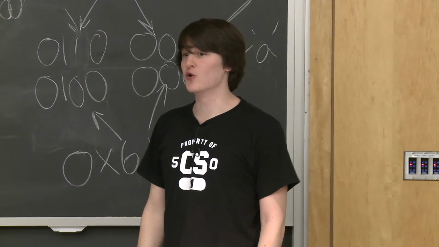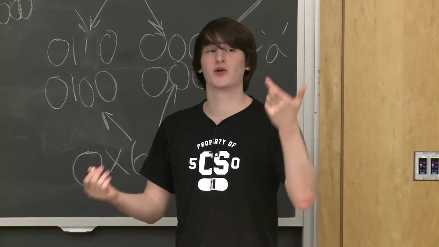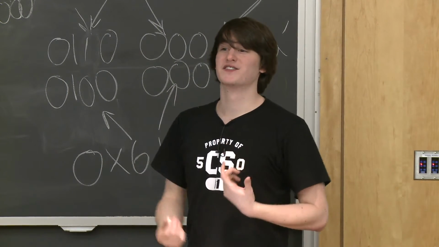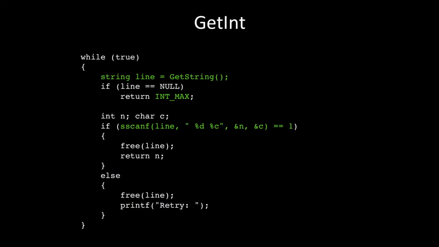And it will return 2 if it matched an integer followed by some character. So notice we retry if we matched anything but 1. So if we entered 123C, or 123X, then 123 would get stored in the integer, X would get stored in the character, scanf would return 2, and we would retry because we only want an integer.